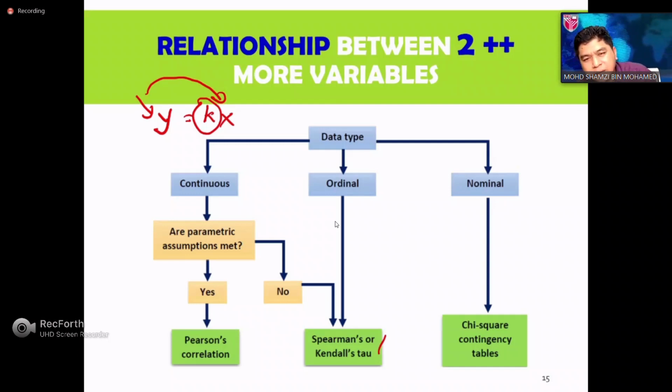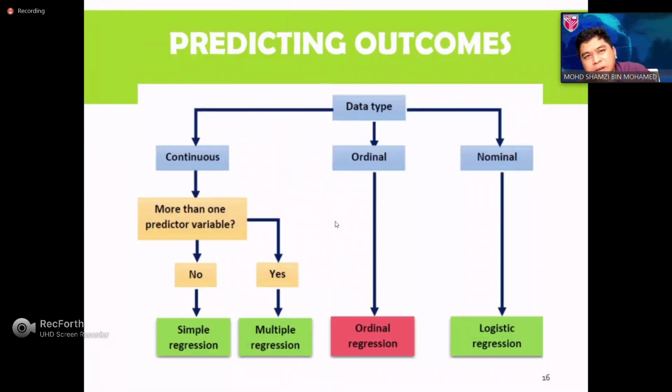Predicting outcome is usually you have one outcome and many predictors. Meaning instead of y equals mx or kx, you have y equals maybe beta1 x1, beta2 x2, beta3 x3.